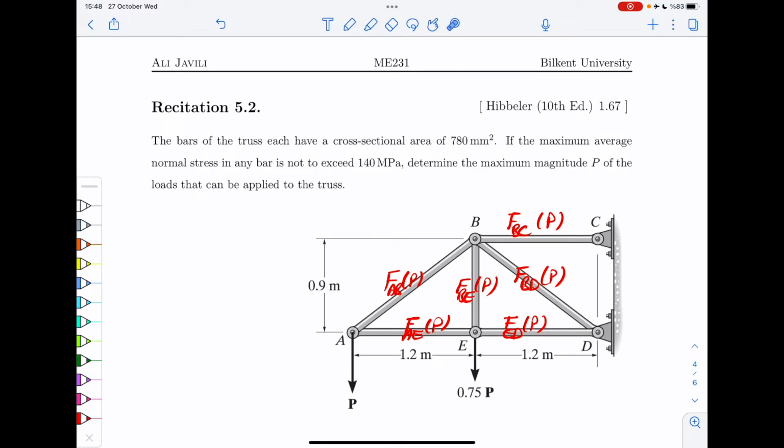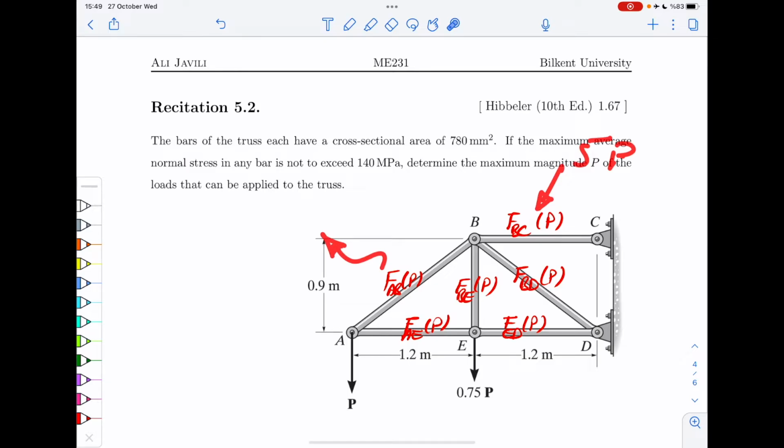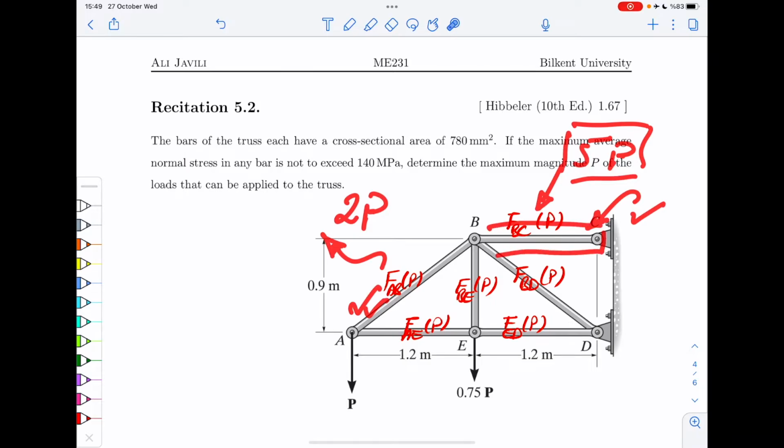If here you get FBC equals 5P, and here you get FAB equals 2P, then if this member is fine, this would certainly be fine. So we need to design for this member, and we make sure that the stress in that member would be less than 140 megapascal. That's what we want to do.